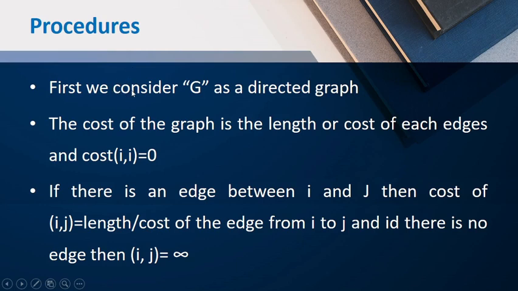First, we consider G as a directed graph, which we already saw. Then the cost of the graph is the length or cost of each edge, and the cost of a node to itself is 0. And if there is an edge between i and j, then the cost of i and j is equal to the length of the edge from i to j.